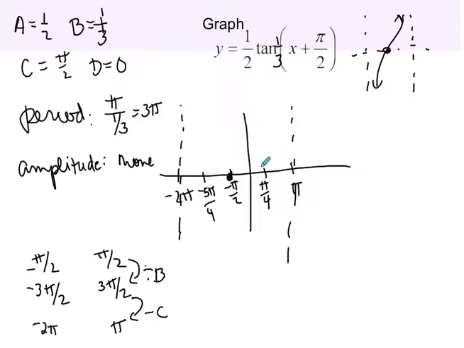It's up a half from my transformed x-axis, and over here it's down a half. Okay, and then I draw my curve in.